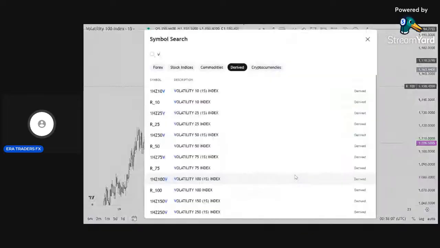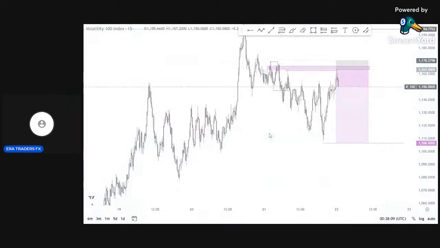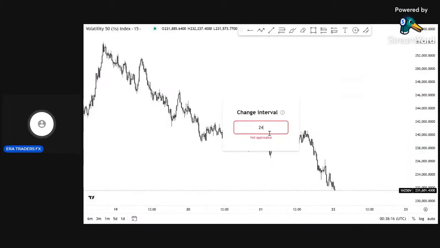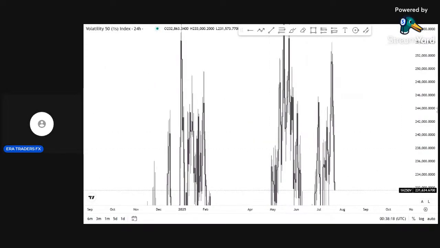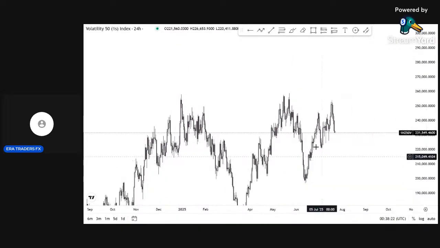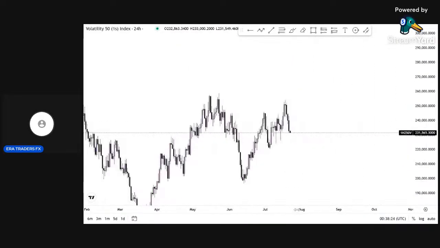So this is a good one. Let's see V51S, it has already gone, but let's see the 24-hour time frame. So let's look at where price is coming from.